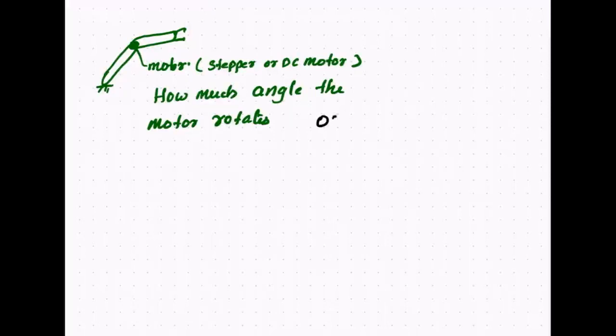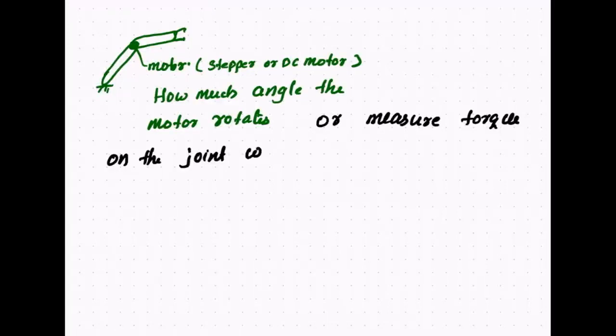To get that information, we need to add certain sensors to these shafts. Also, for control applications, we need to know how much torque is developed in these joints, so we need to add some torque sensors to these joints.